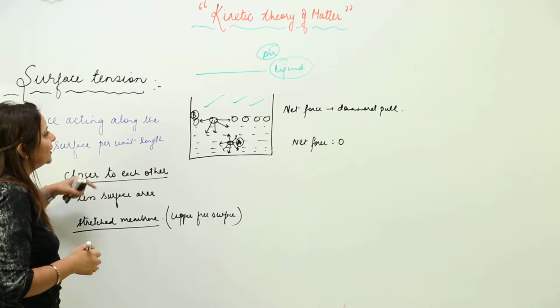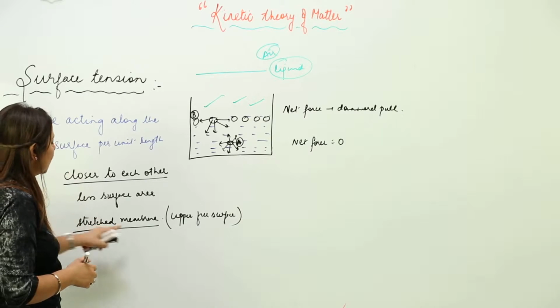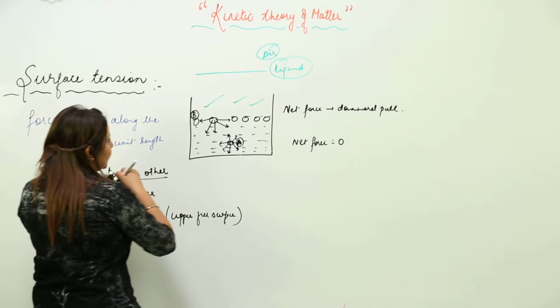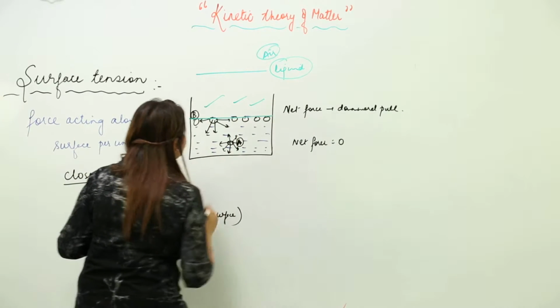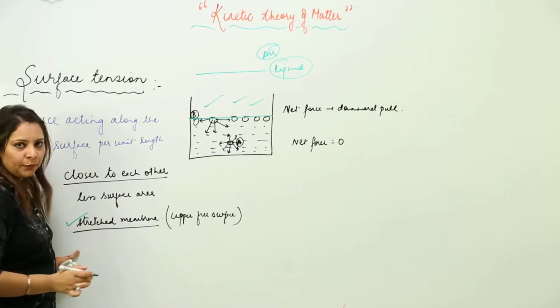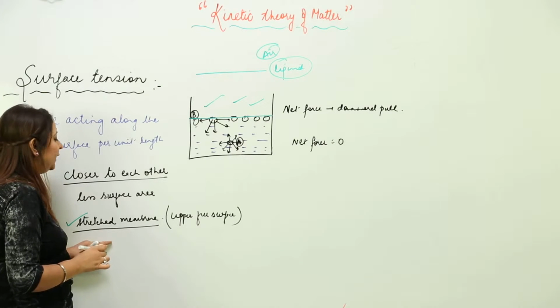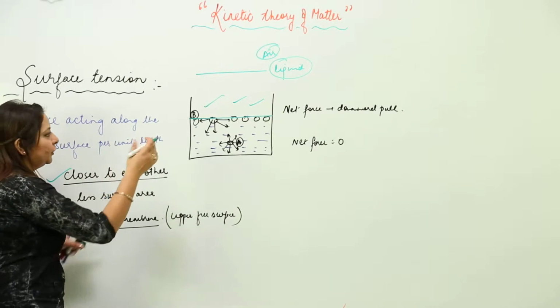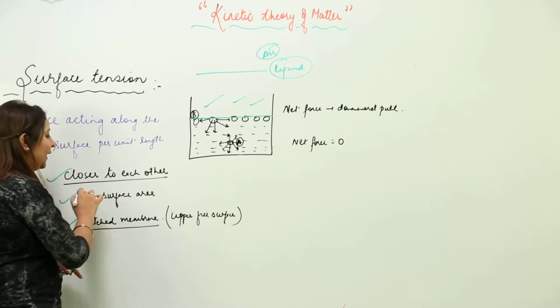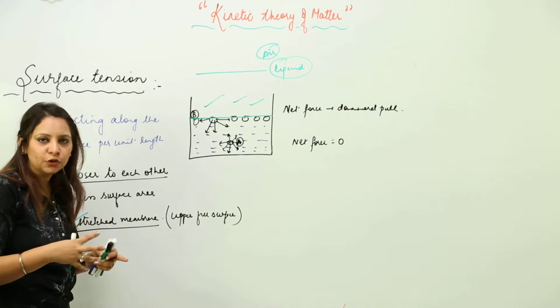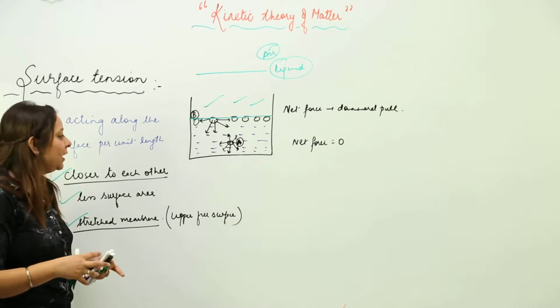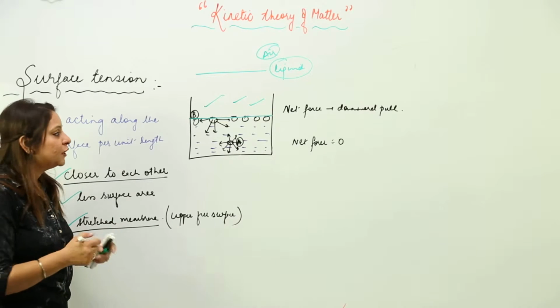Due to surface tension, the upper free surface, only this surface, appears to be a stretched membrane, due to which the molecules start coming closer to each other. They try to contract and occupy less surface area. And what is the cause behind it?